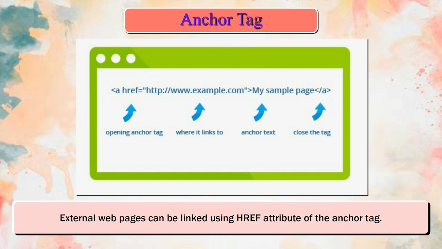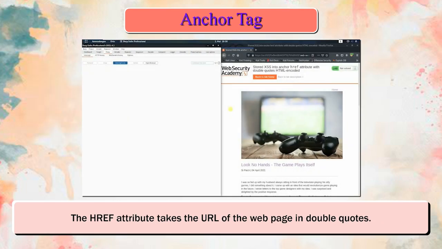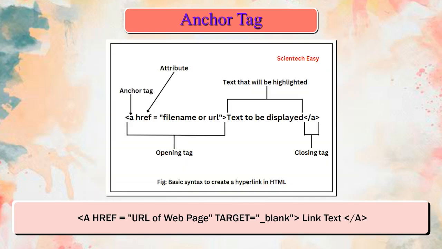External web pages can be linked using href attribute of the anchor tag. The href attribute takes the URL of the web page in double quotes. The syntax to create a hyperlink is as follows. A href is equal to URL of web page, target is equal to _blank, link text /a.